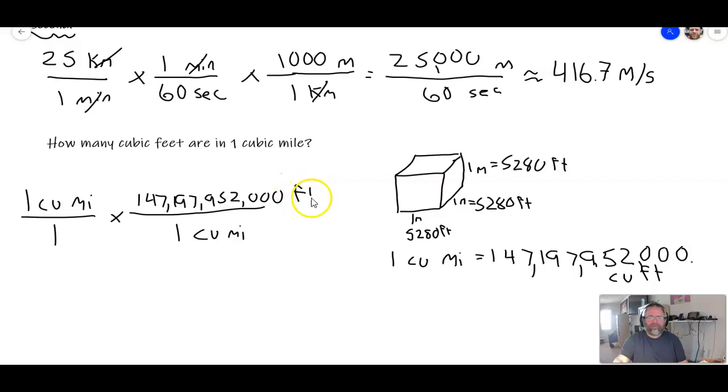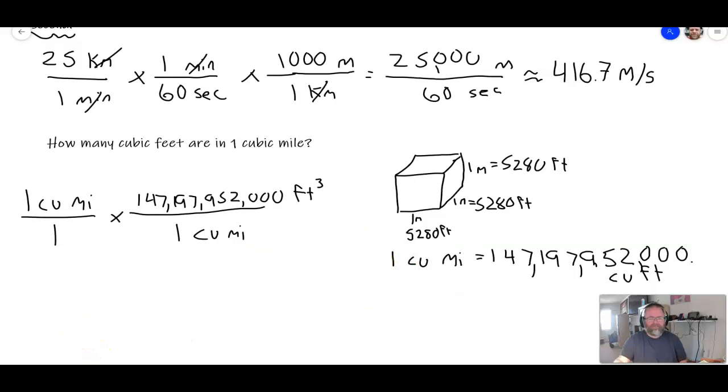And I'll go ahead and write the cubic feet like this. You can also put the unit with a little 3 on the top. And then when you multiply across, we're basically just going to get this number right here. So that is it.